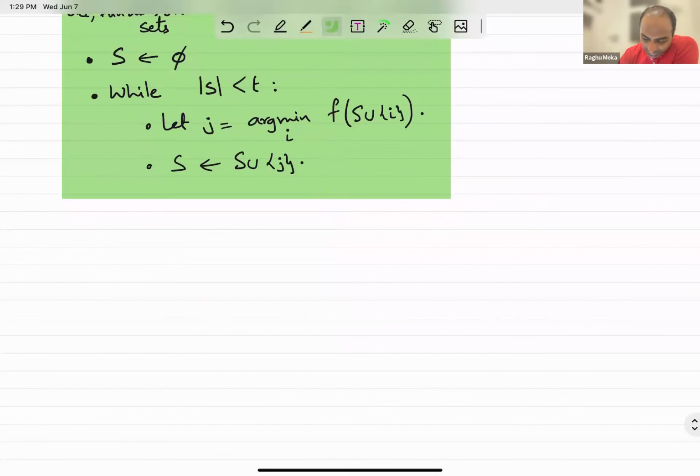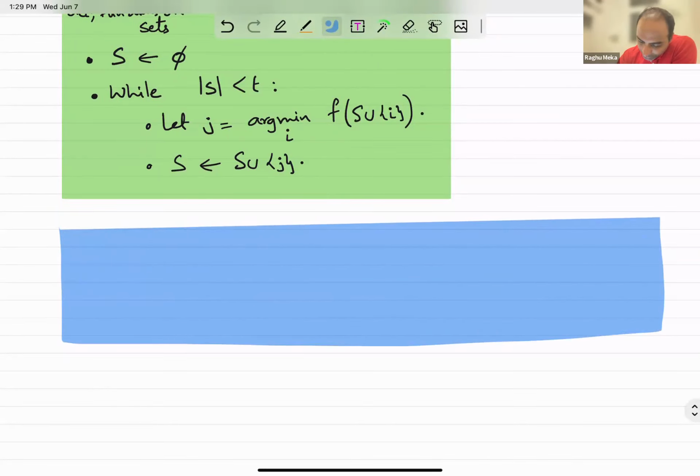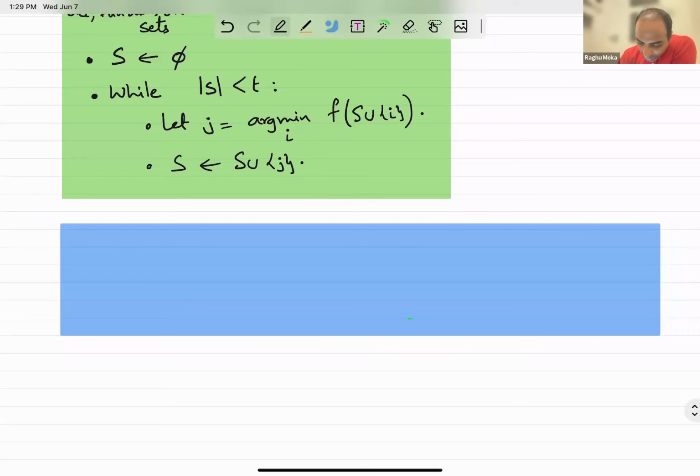And this is the class of submodular functions. I should say supermodular because we're doing minimization. Okay. So what are supermodular functions?